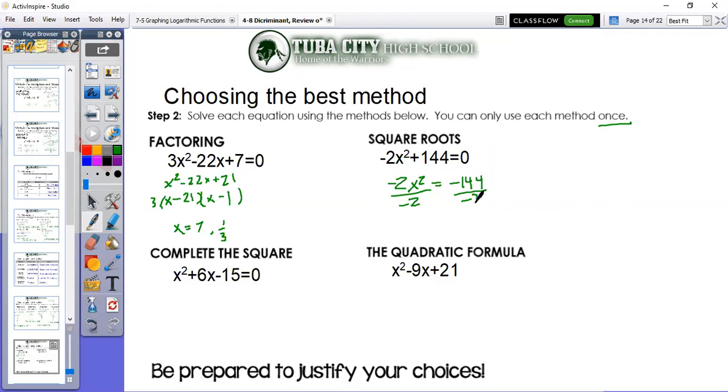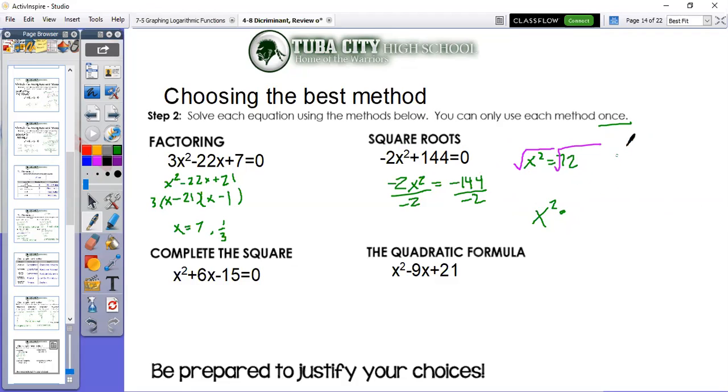So this would be, let's see, divide both sides. So we get x squared equals 72. And then I'm going to take the square root of both sides. And it doesn't really matter whether it's a square number or not, because we can't change the type of solution.